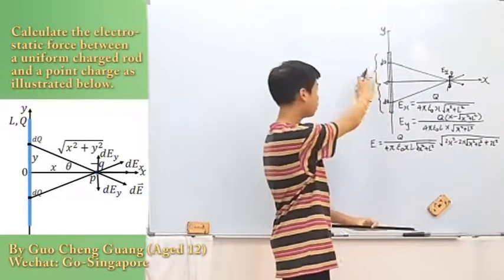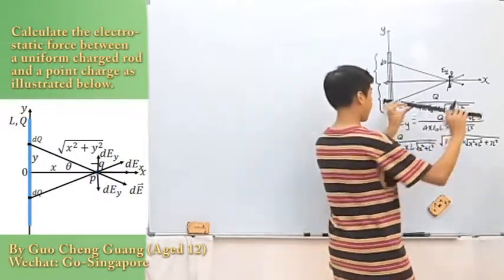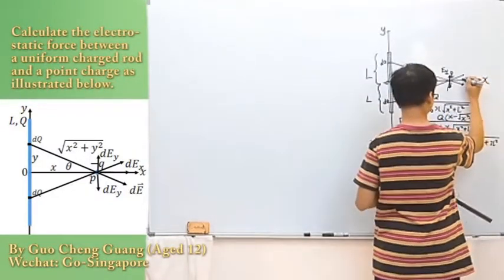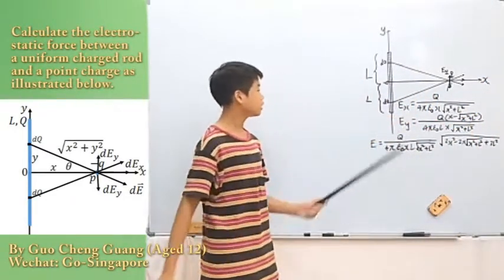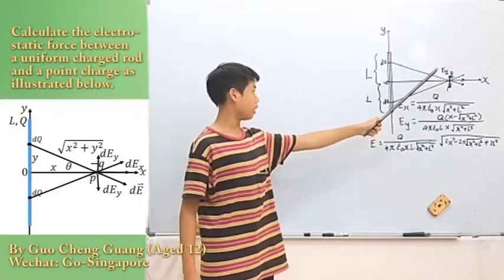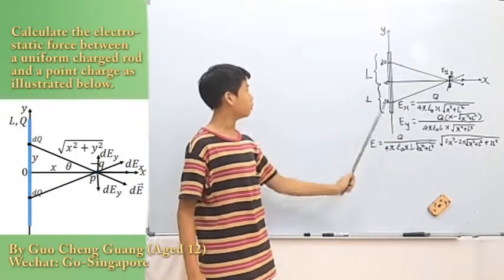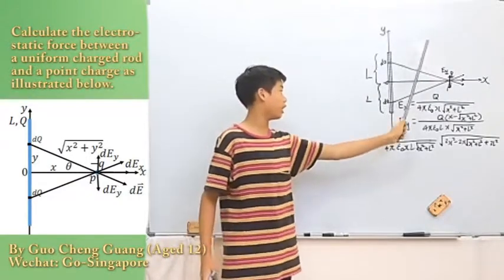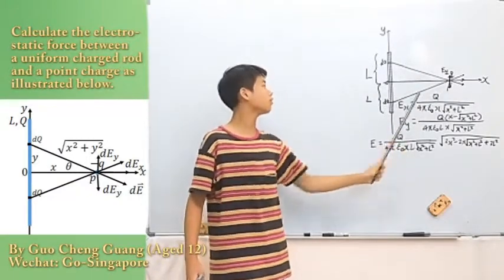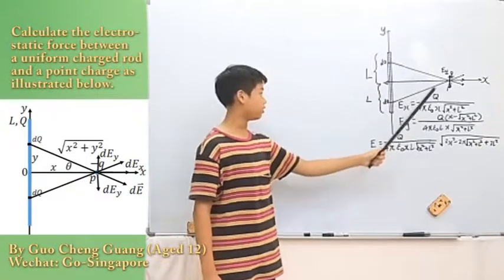For both of them, they have Ex, and Ex is just on this x-axis. So in total, Ey, the one above going down and the one below going up, will cancel each other out since they have the same value.